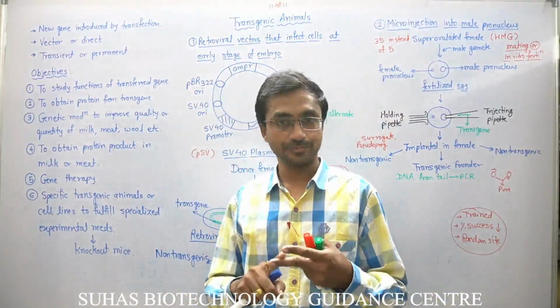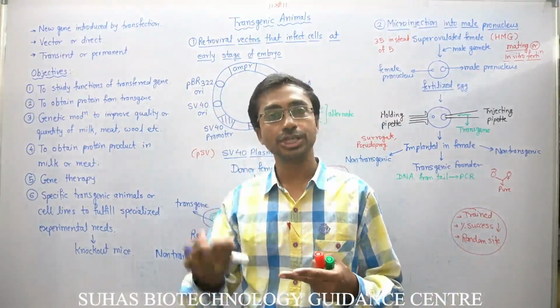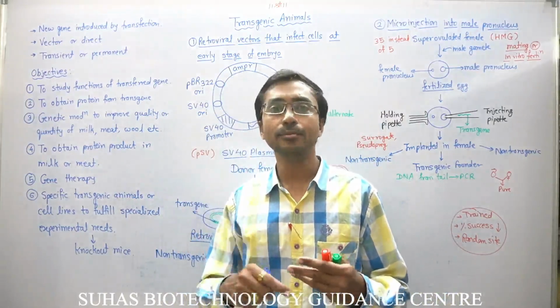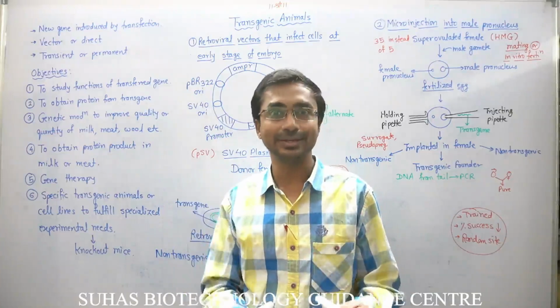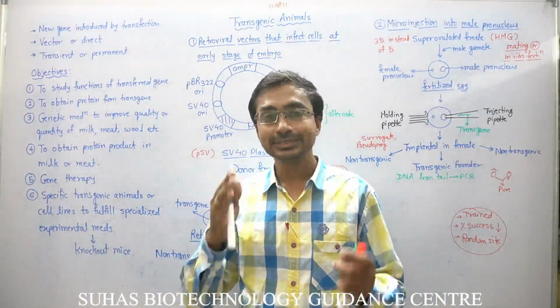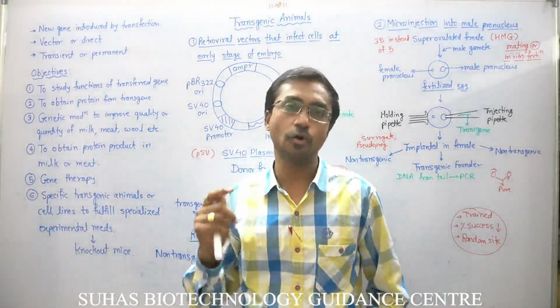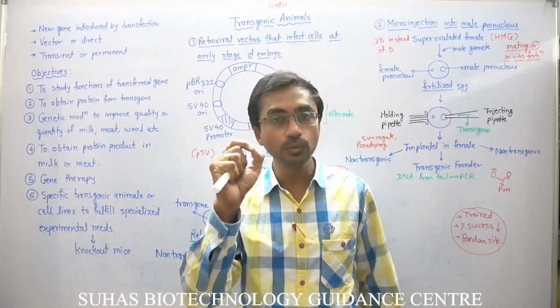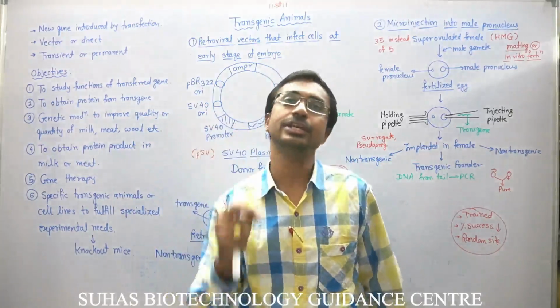Wool content of sheep or meat content of poultry birds can also be improved. Such things can be performed by transferring a new gene, a foreign gene, into that individual.